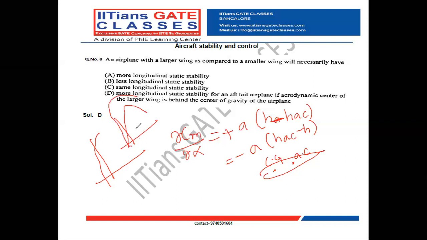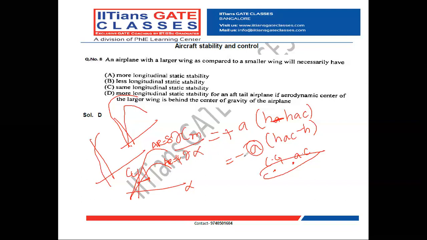For example, this is at aspect ratio 4, and this is at aspect ratio 8. So the lift curve slope increases whenever aspect ratio is increased. That means a larger wing will have a larger lift curve slope.